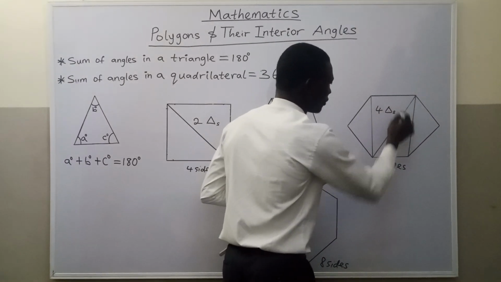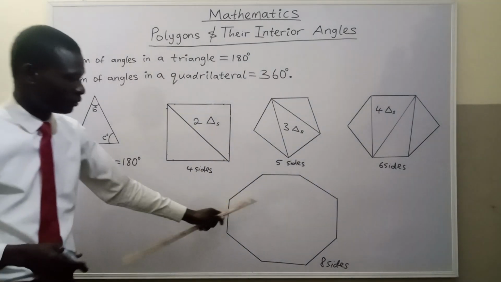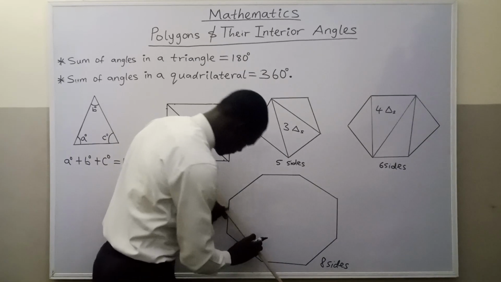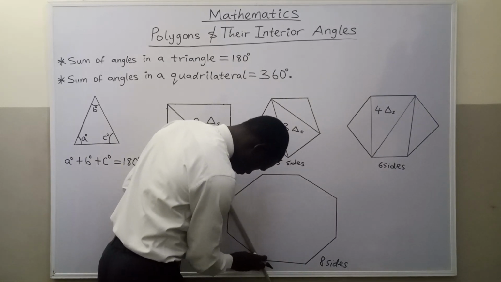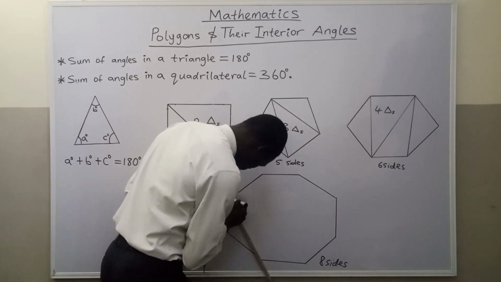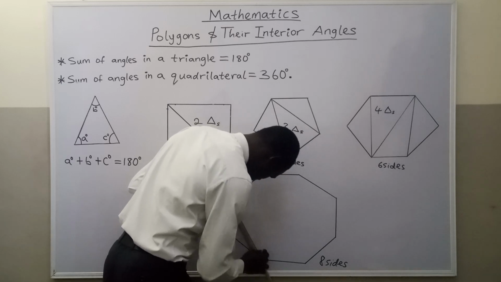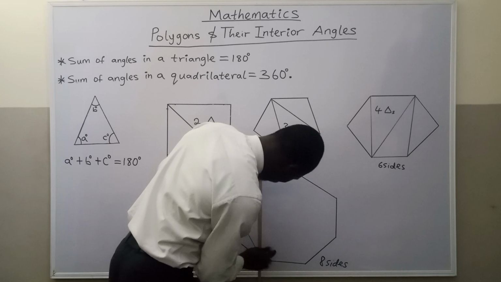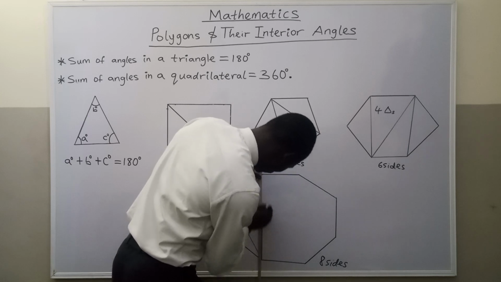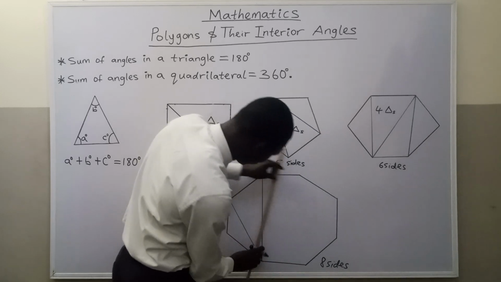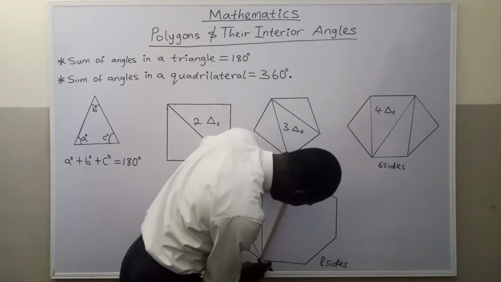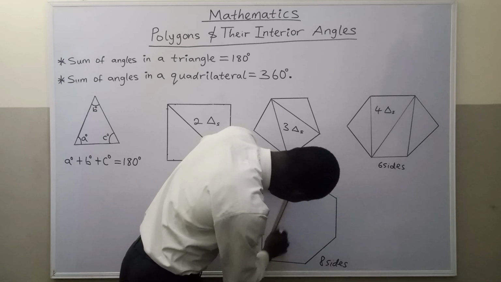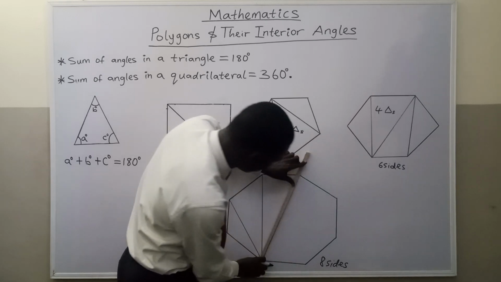4 triangles. Then, for this one, how many triangles can we get? Another line. Another line.